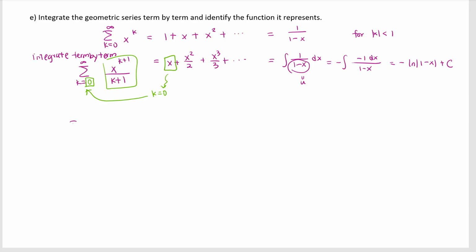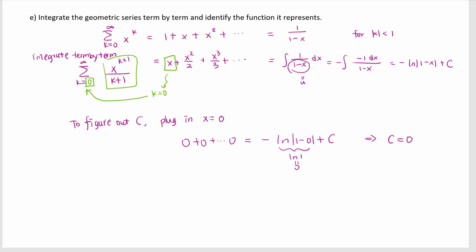To figure out c, we plug in x is 0. Because they're all powers of x, all of the series terms are 0. On the right hand side, minus ln of 1 minus 0 plus c. ln of 1 is 0, so it tells us that c is 0.